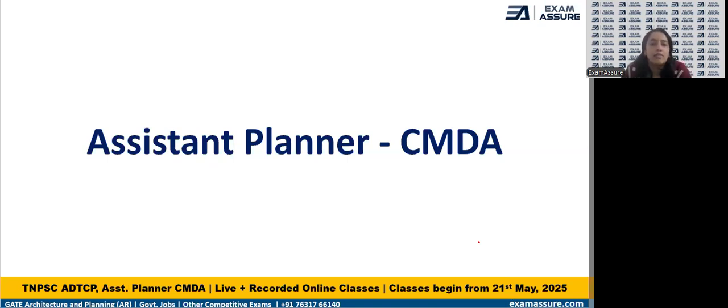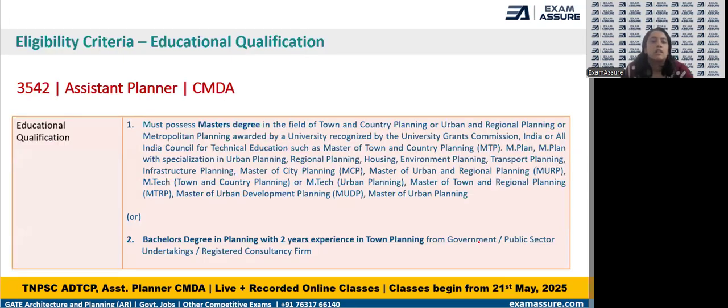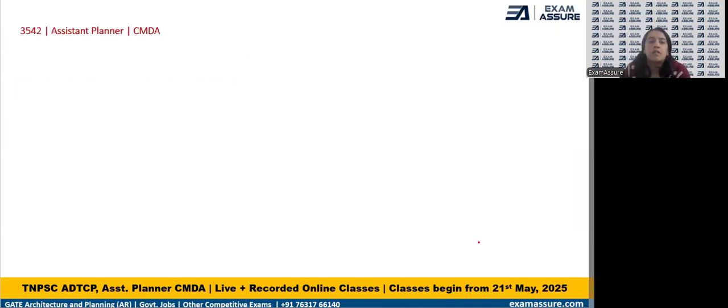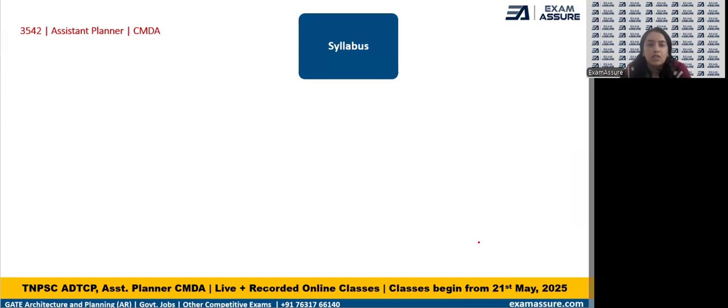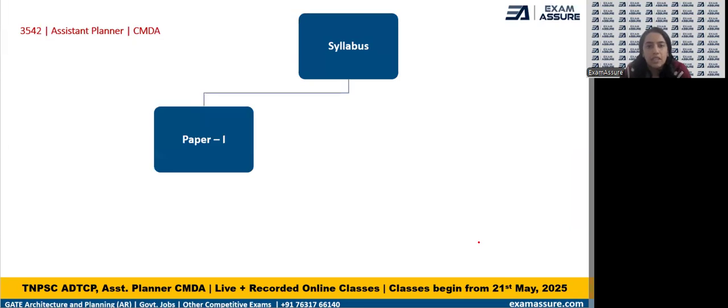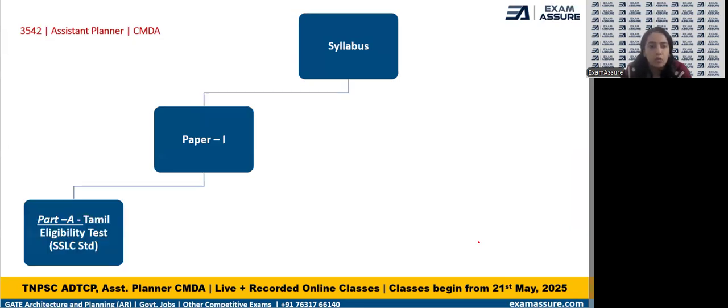Coming to the post of Assistant Planner at CMDA, the educational eligibility criteria is that the candidate should possess a master's degree or a bachelor's degree in planning with minimum 2 years experience in town planning. For the pattern or the syllabus, here as well, the paper would be divided into two, that is paper 1 and 2.